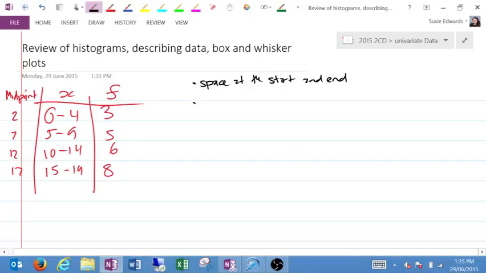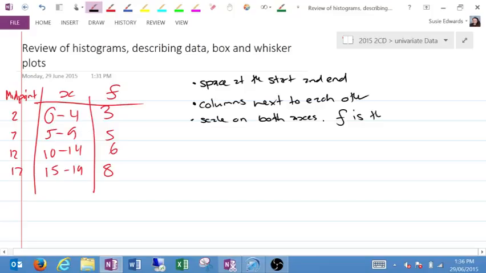So, columns next to each other. You need to have a scale on both axes. Okay, frequency is the y-axis.